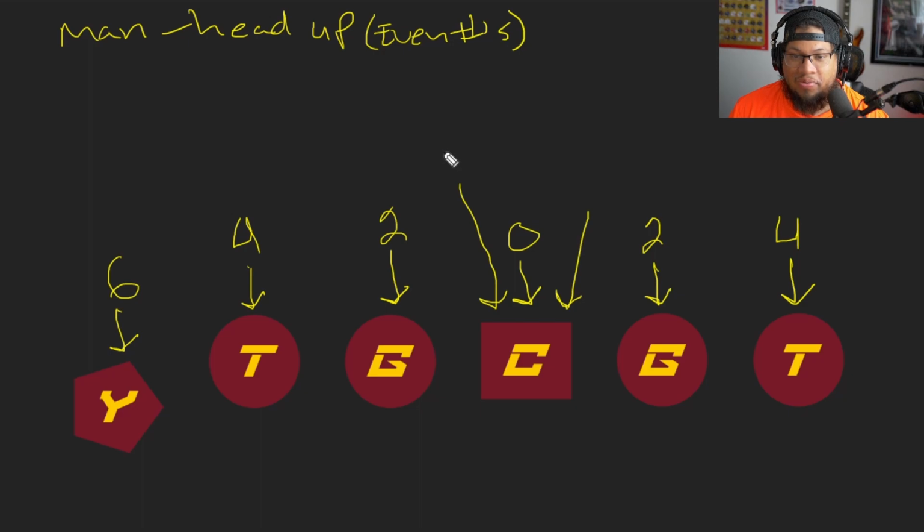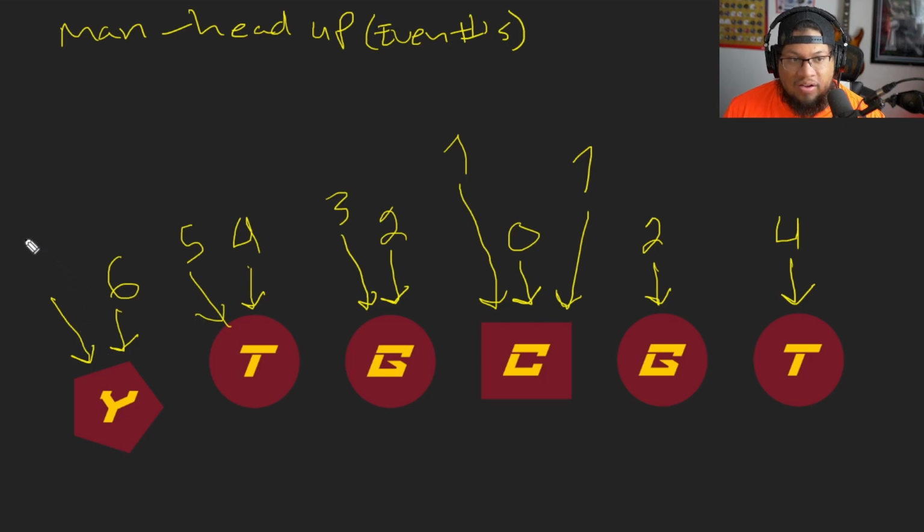So this is where it gets a little wacky, but this would be a 1 technique, right? Outside the guard is going to be known as a 3. Outside the tackle will be known as a 5. And outside of this tight end is going to be known as a 9.